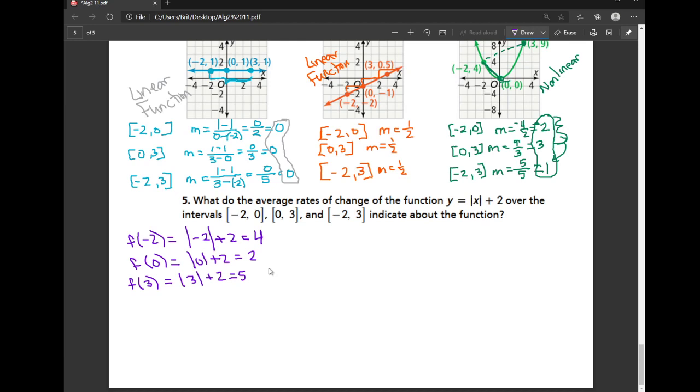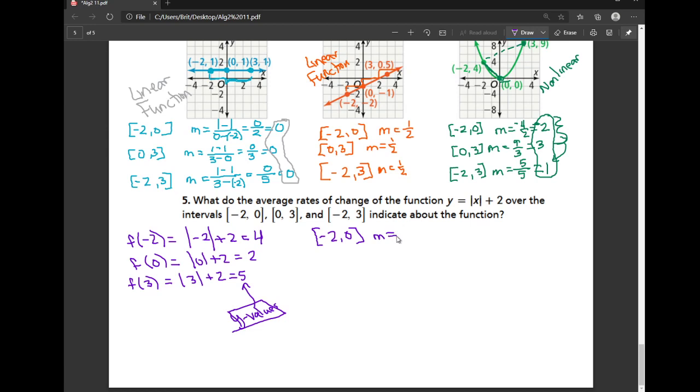So what I've done is I've gotten y values for each of these x values. And so now I'm going to take the slope for each interval. Okay, so here I'm doing the interval -2 to 0. I'm going to mark there that those are y values. Make sure that you know those are not slopes. Alright, so from -2 to 0.